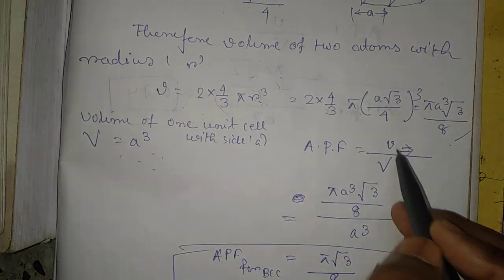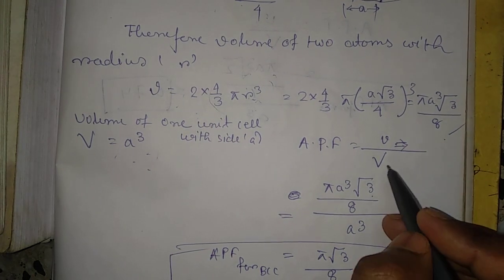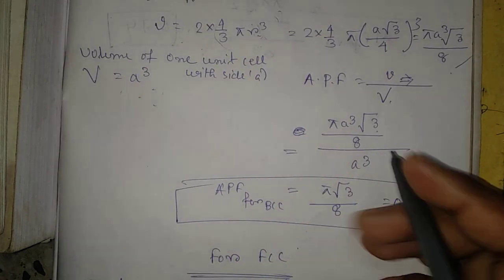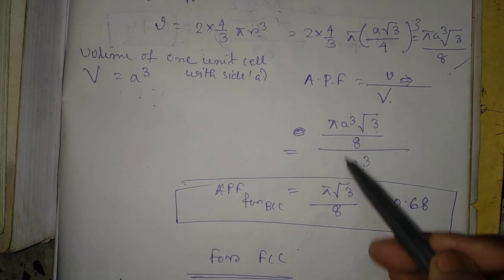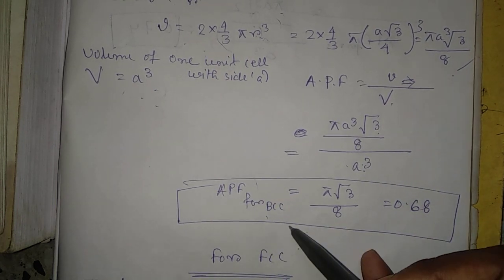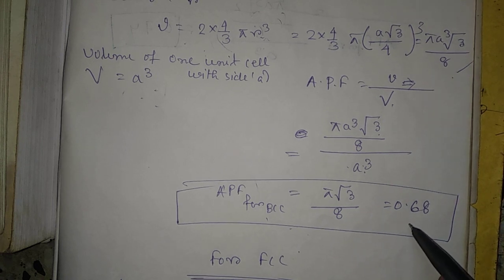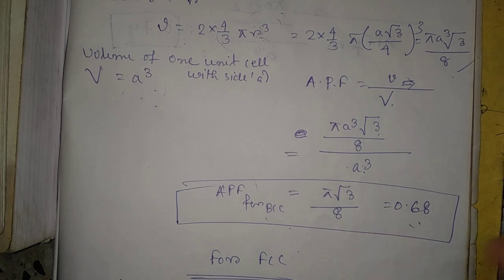So a cubed cancels out, and the APF, the atomic packing factor for the BCC crystal structure, will be 0.68. And for simple cubic, it is 0.52, I think.